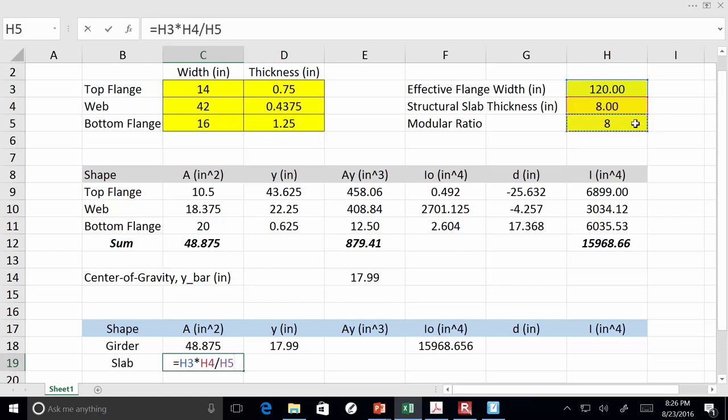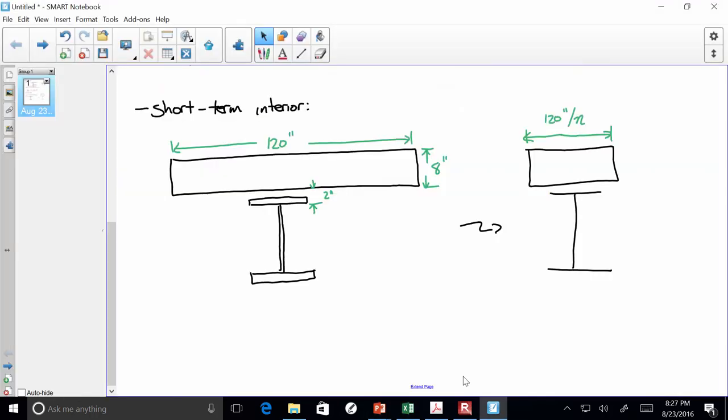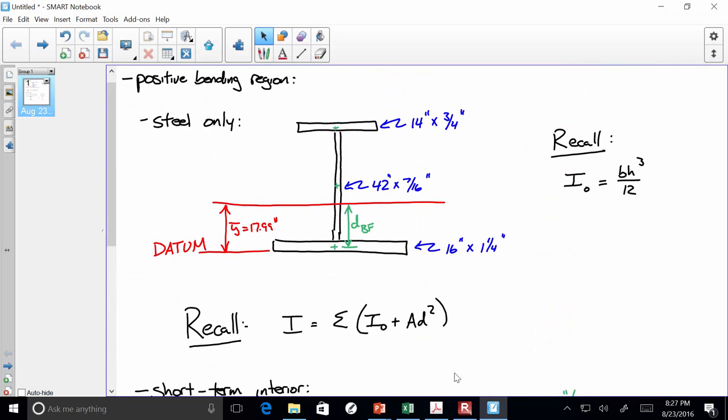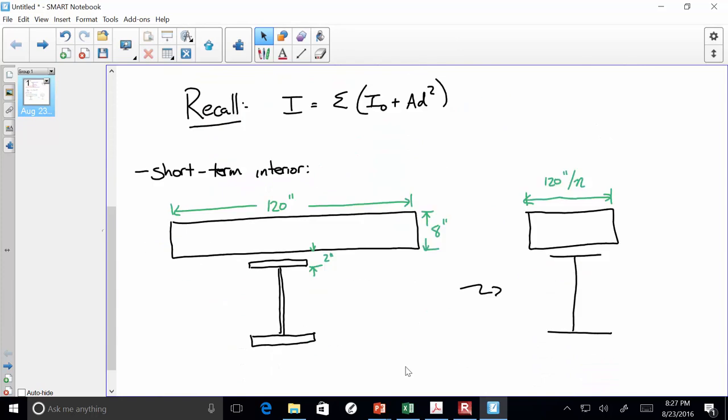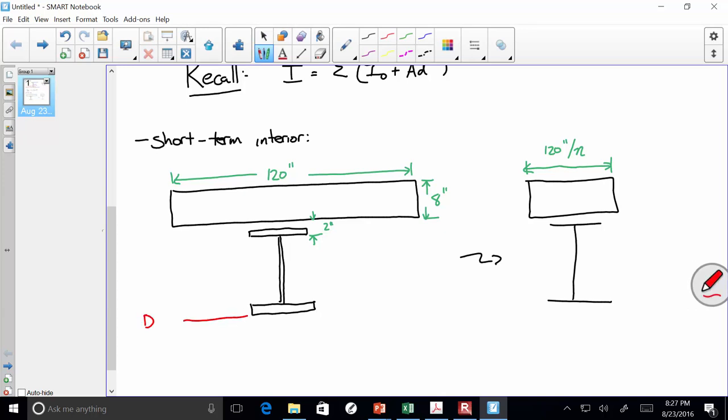Make sense? All right. Now, let's see if we're paying attention. I'm going to go back to the image. I want to make sure that we're clear on this. Why is the distance from this datum to the centroid, right? So let's go through this. How do we get from the bottom to right here, to the centroid?